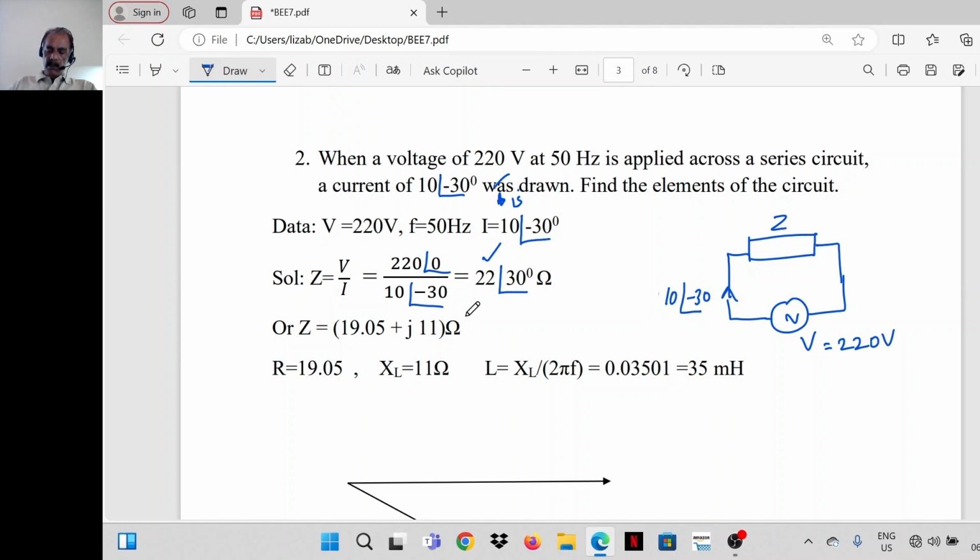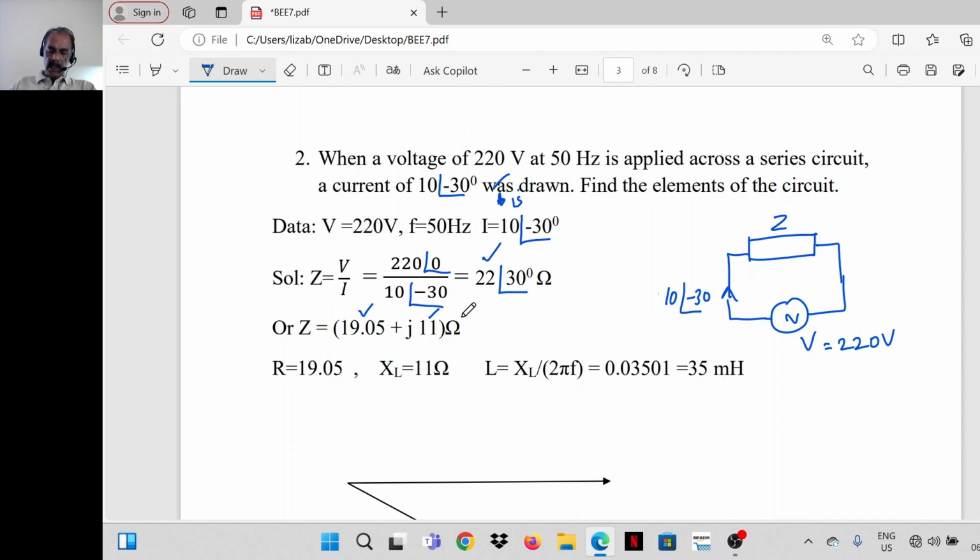Now convert it into rectangular coordinates. 22 angle 30 in polar form, when converted to rectangular coordinates, is 22 into cos 30, that is 19.05, plus j 22 into sin 30, that is 11. So 19.05 plus j11 is the impedance in rectangular coordinates.